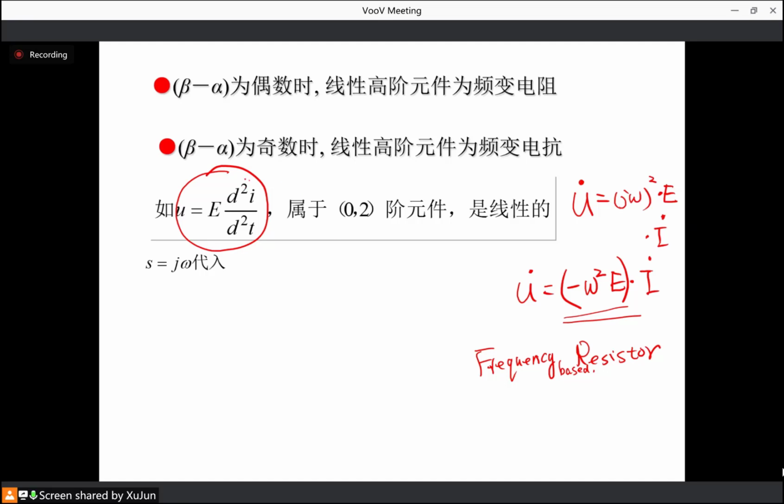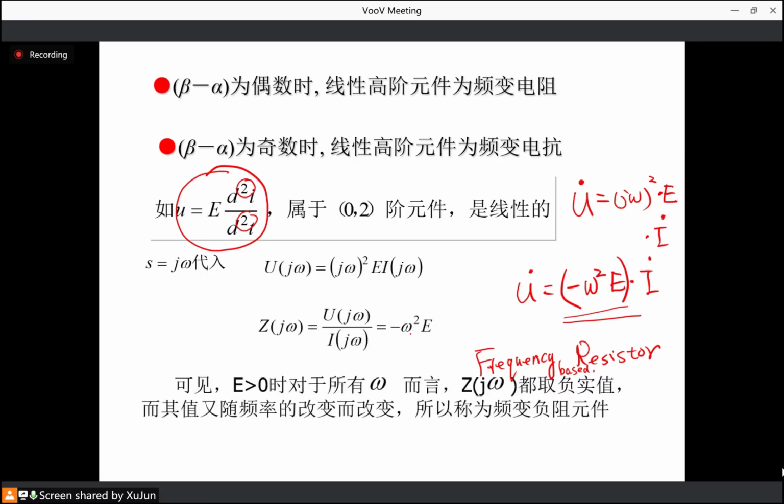If the order is even, we call this a frequency-based resistor. If the differential order is odd, for example, 3, U equals E multiplied by the third-order derivative of i with respect to t.